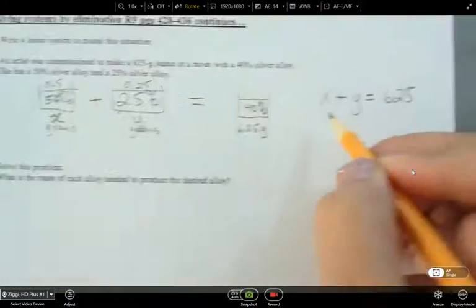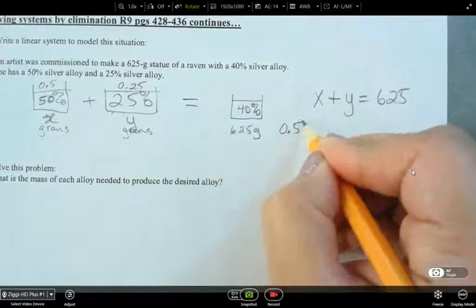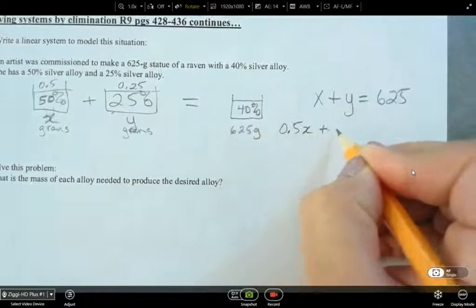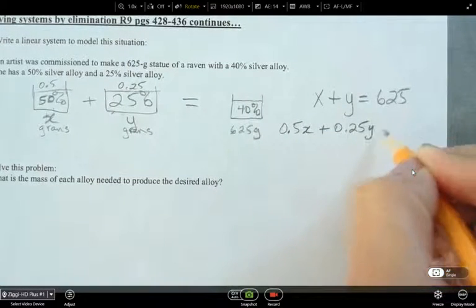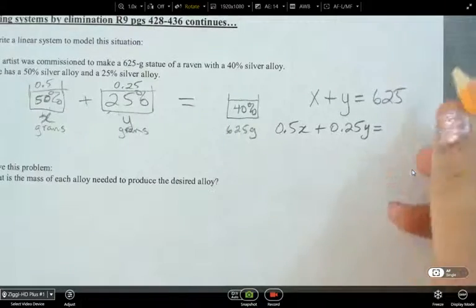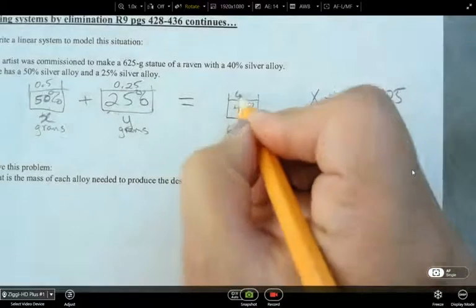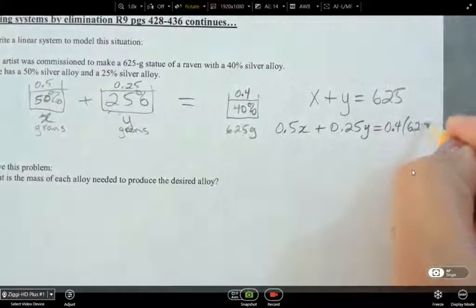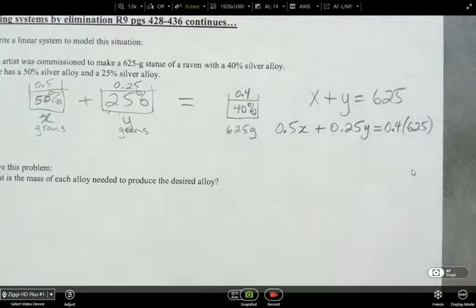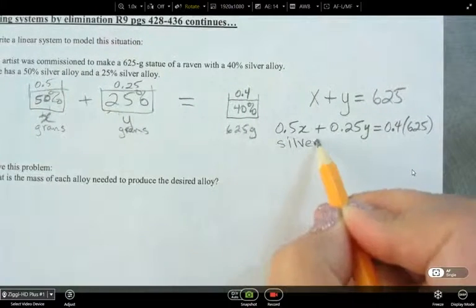Okay. So my second equation is 0.5x plus 0.25y, and that equals 0.4 of the 625. Okay? Now this equation is talking about the silver content.